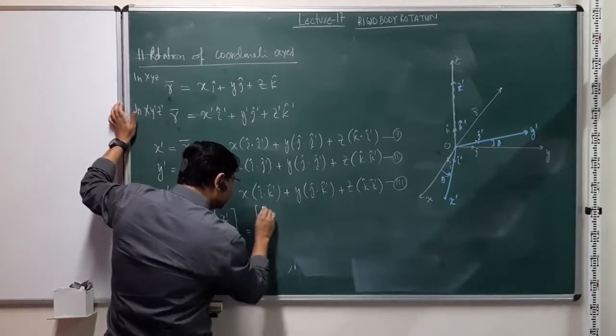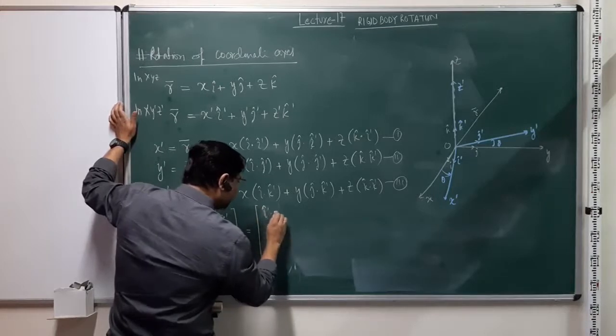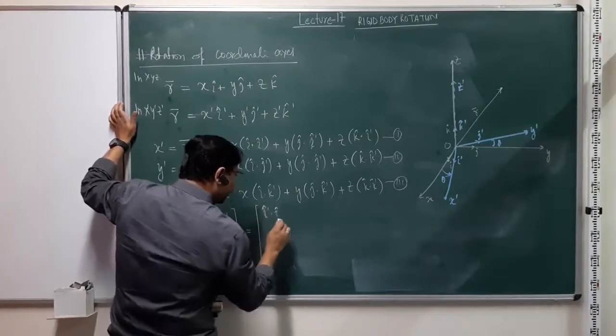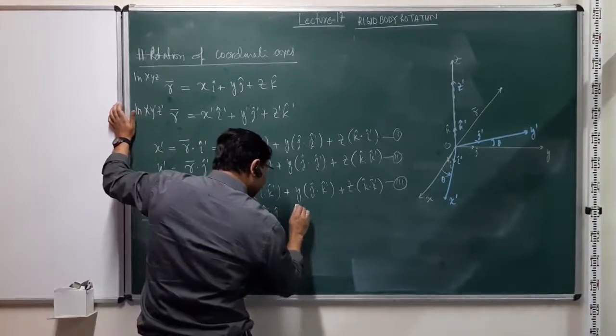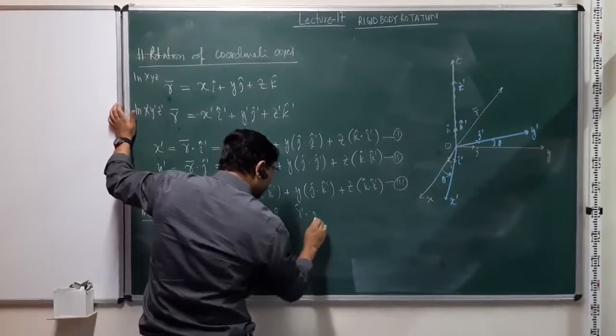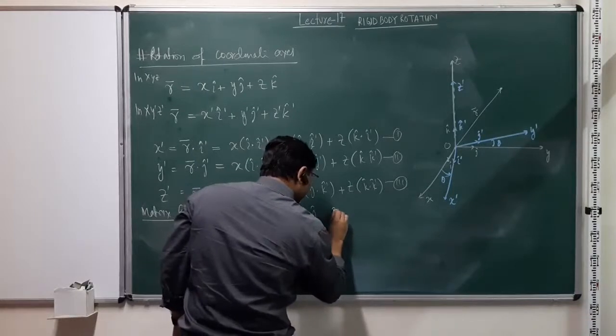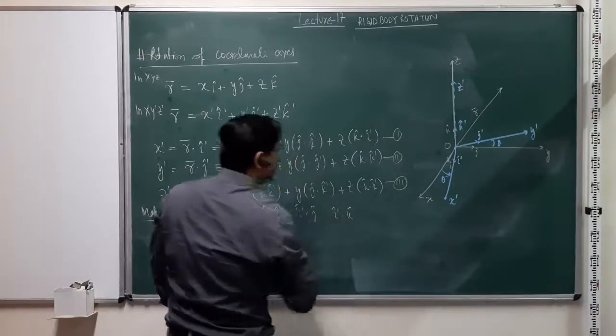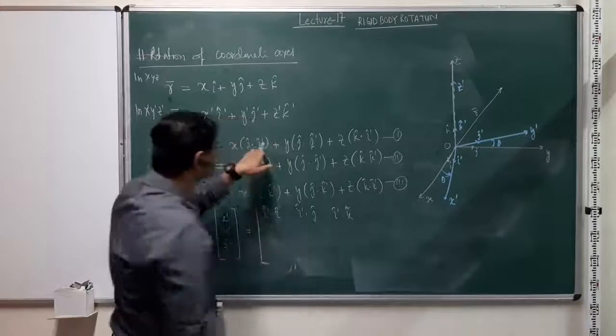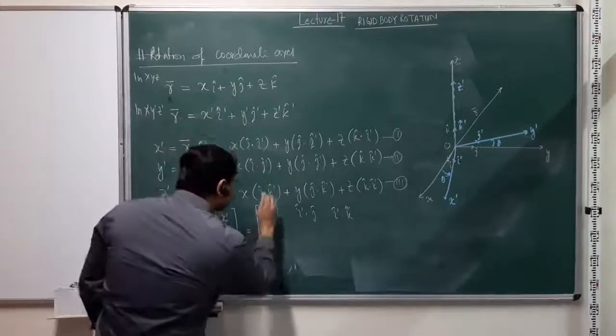So just to see the uniformity, i cap prime dot j cap, i cap prime dot k cap, right? So the first row, similarly the second.